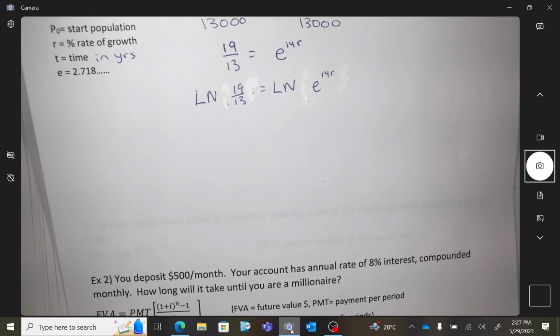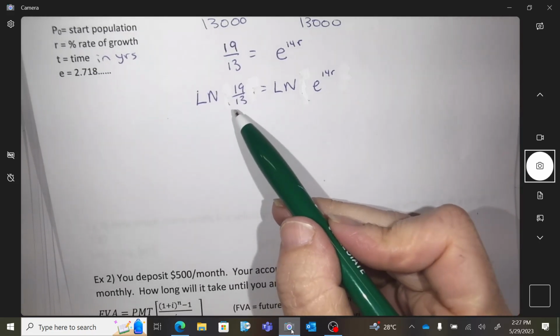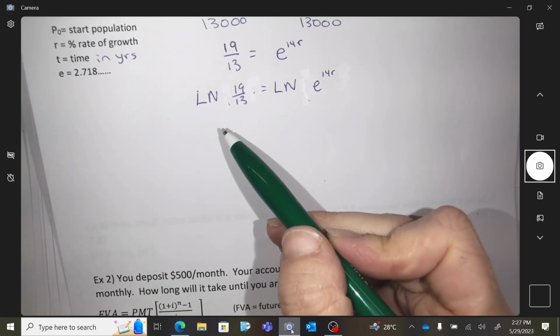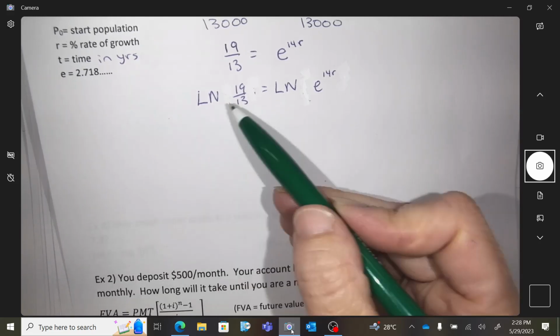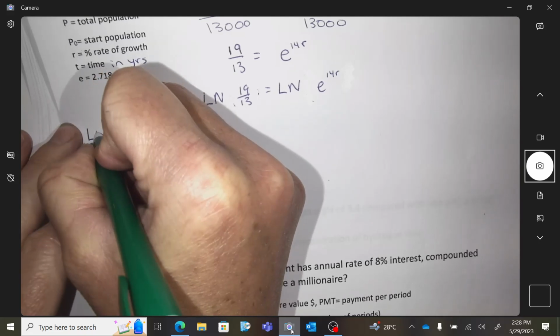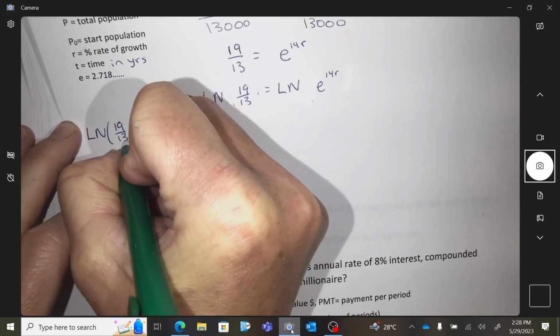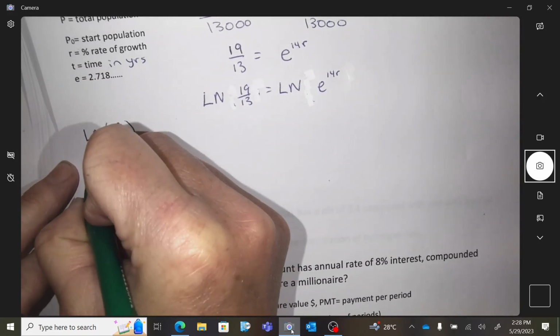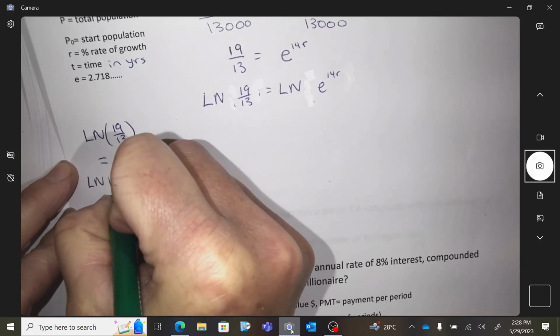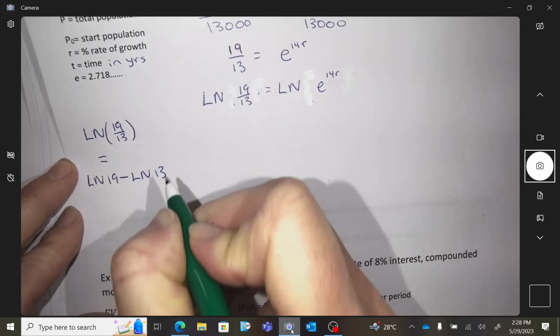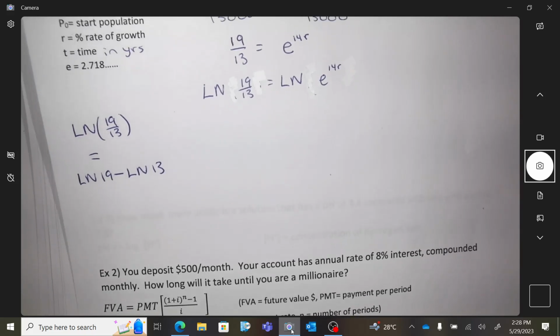Okay, now rules. We can split this apart, or in our calculator we can still leave it. So I don't care. You can just leave it. The ln of brackets 19 over 13 would equal the same as the ln of 19 minus the ln of 13. Do you see where I get that from?